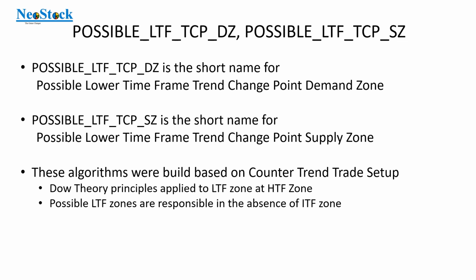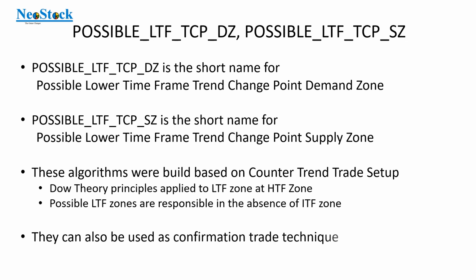So that is the reason why this is not part of our HLQ zone strategy that achieves an 80% success rate. But still you can include it if you are okay with a 60% or 50% success rate. Hope I made it clear. And they can also be used as confirmation trade techniques. From the confirmation trade technique point of view, this can be used.